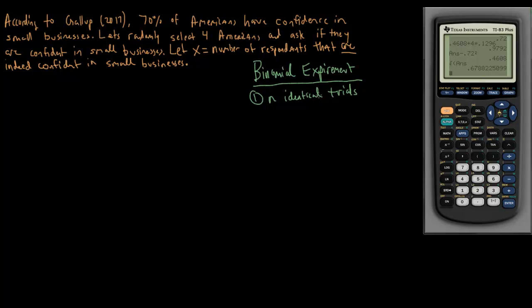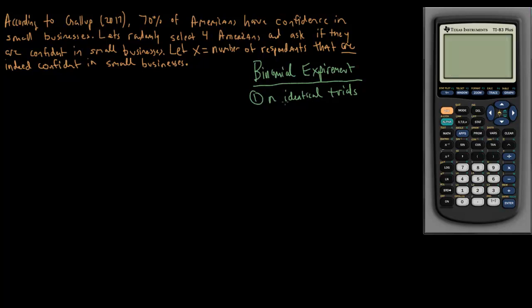For instance, here I'm going to ask 4 random Americans whether or not they are confident in small business. So I'm asking them, are you or are you not confident in small business? So I do this exact same thing 4 times. Are you confident? The answer is yes or no. Are you confident? For the second person. To the third person, are you confident? Doing the exact same thing 4 times. So you have to do identical trials.